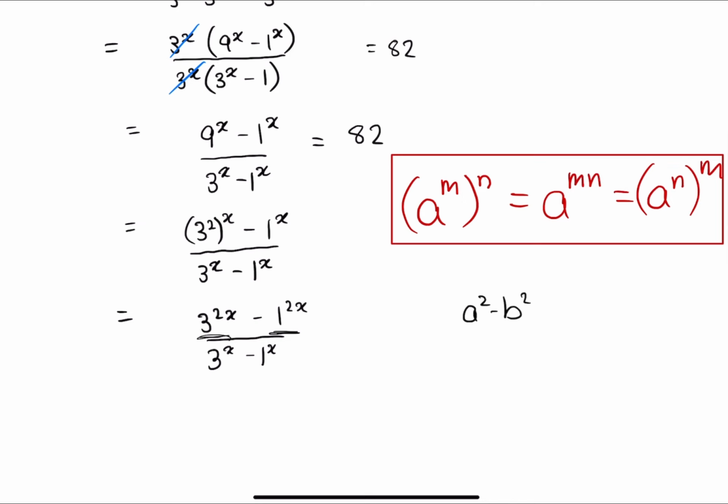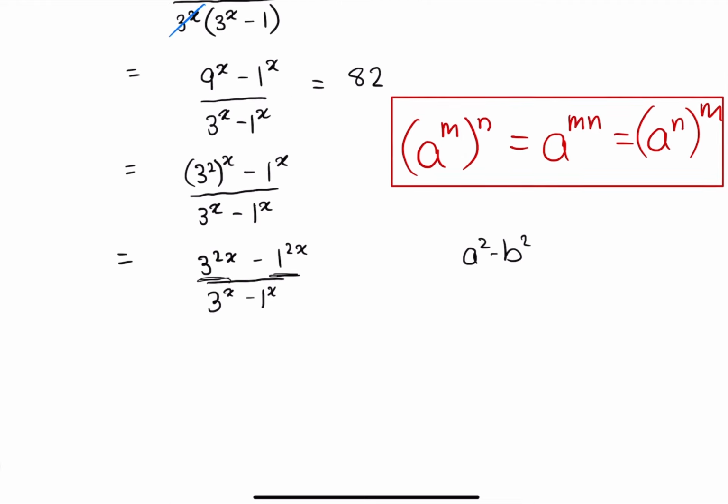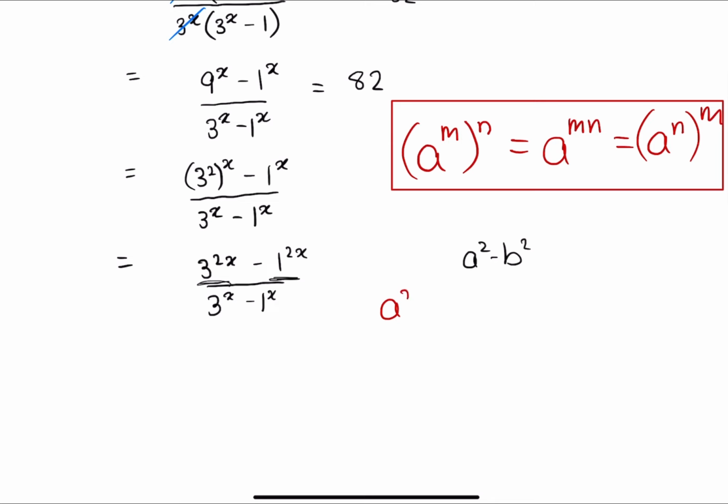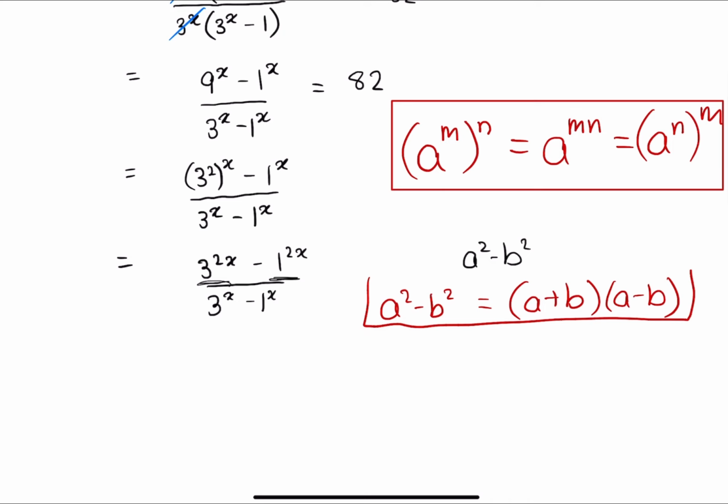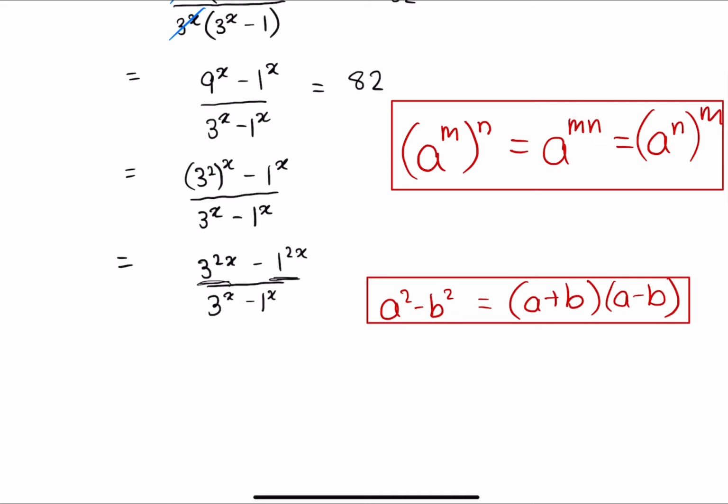And there is a rule for a squared minus b squared, and that is, we can also write this down as a plus b times a minus b. So we are going to write out that term in this form. So let's go ahead and do that.